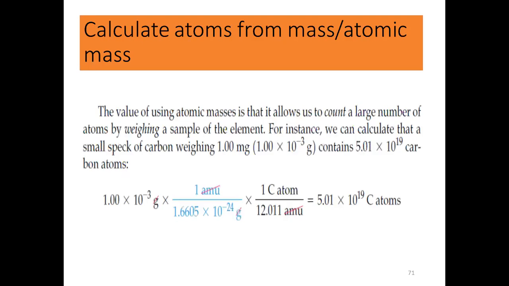Now I'm going to show how you can calculate the number of atoms from the mass, if the atomic mass is given. This is a very simple example. If the mass of carbon is 1 milligram, it contains 5.01 × 10^19 carbon atoms.